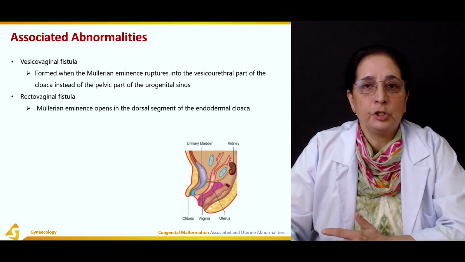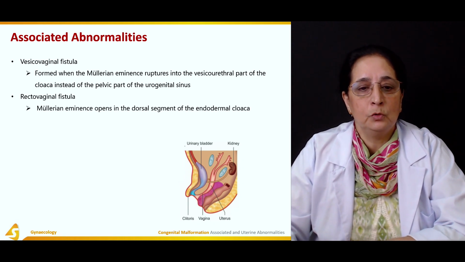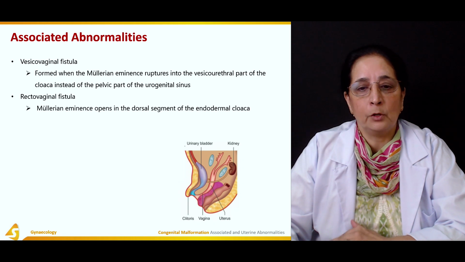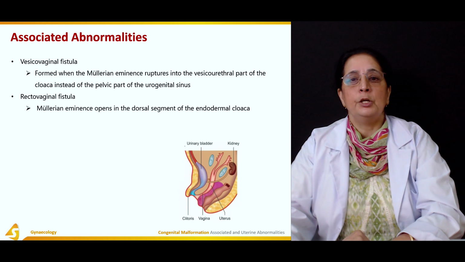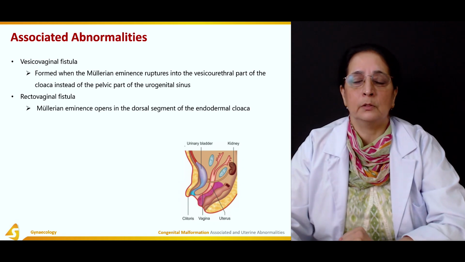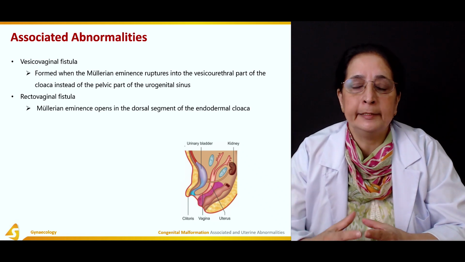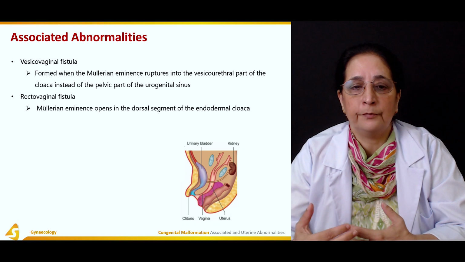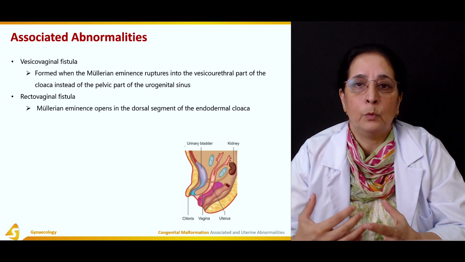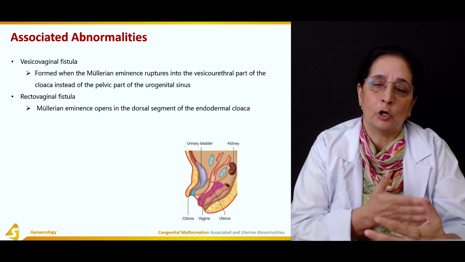Then the recto-vaginal fistula is between the rectum and vagina. This is due to the Mullerian eminence that opens into the dorsal segment of the endodermal cloaca. So these are the two abnormalities, congenital malformations that lead to the formation of fistulas, and one is rectovaginal, since the rectum is in the dorsal part.